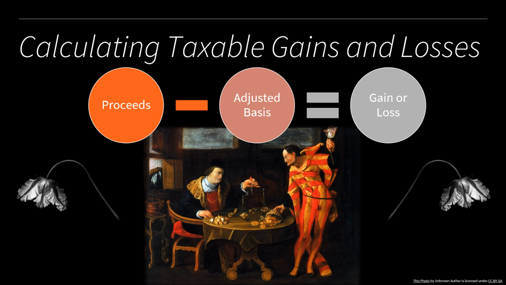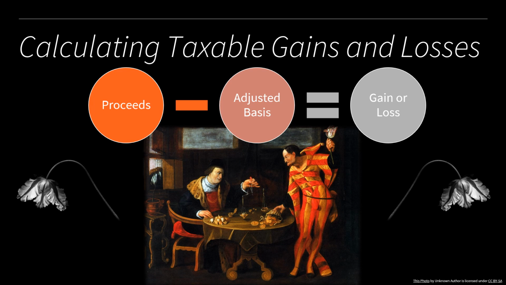So just as we were introduced in that last lesson to the idea of calculating a taxable gain and loss, here again is that formula. We have the proceeds from the sale, or we could extrapolate that to the sales price, minus the adjusted basis.